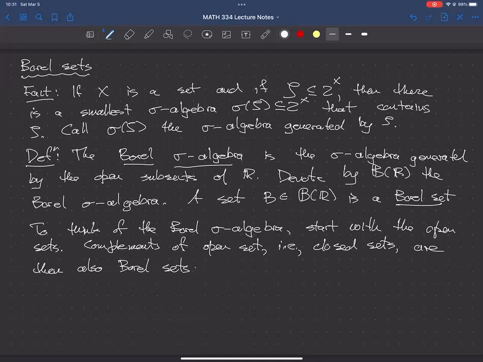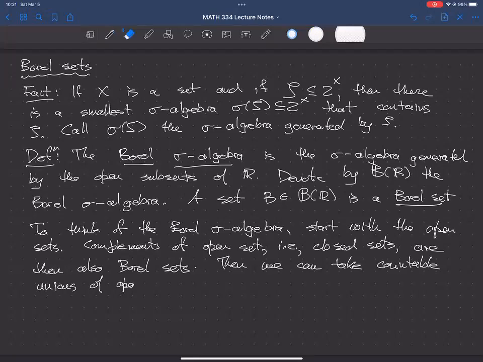Then we can take countable unions, and not only unions but also intersections, may as well include those.